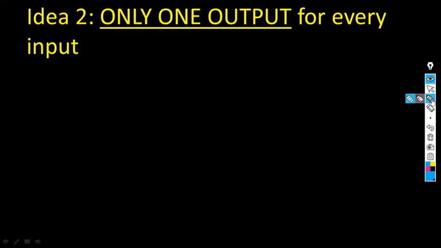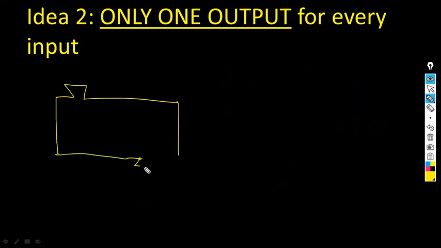Let me give you another example of a machine that could give you two outputs for a single input. Let's suppose that this machine, which I'm going to call machine Z, takes an input, a number, any number, and as output is going to give you its antecessor and its successor.